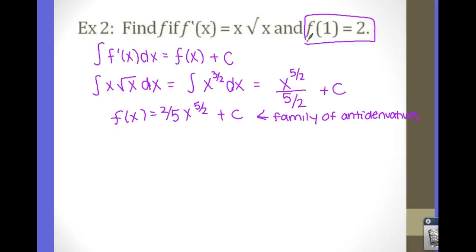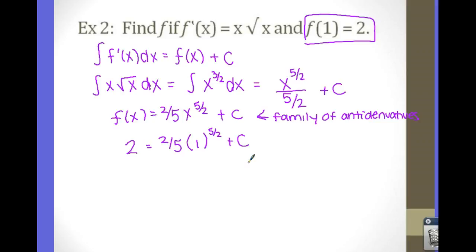I'm going to plug 1 in for the x's and 2 in for f of x. So 2 equals 2/5 times 1 to the 5/2 plus c, and I can solve for c.